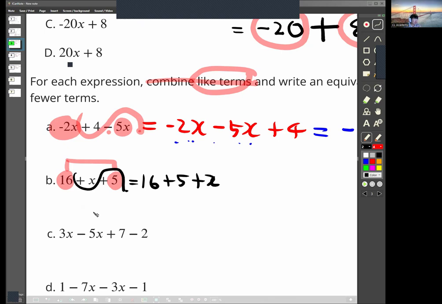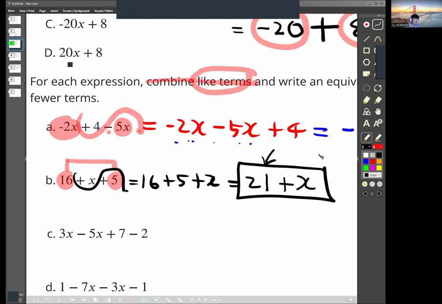You can just swap it. 2 plus 3 is equal to 3 plus 2. So 16 plus 5, that's 21 plus x. Again, there's nothing you can do. This is a constant. This is an x term. So they are not like terms, so you cannot add them.